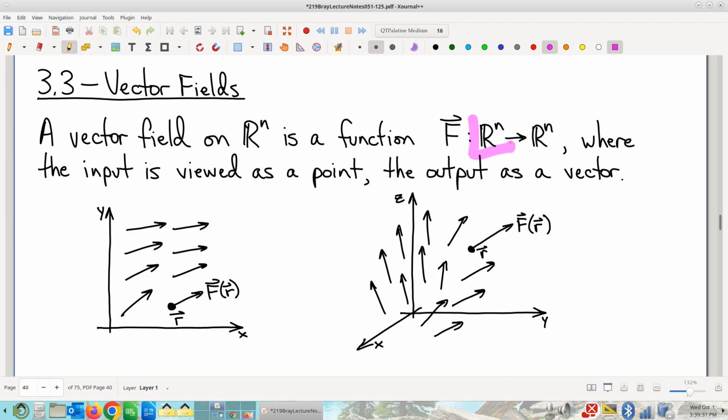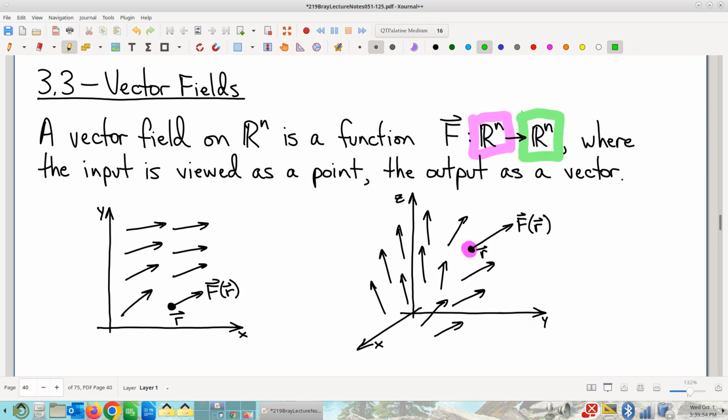The input you should think of as being a point in Rn, in this case R3 as I'm drawing it here. The output, same Rn, don't think of it as being a point. Think of it as being a vector in Rn.